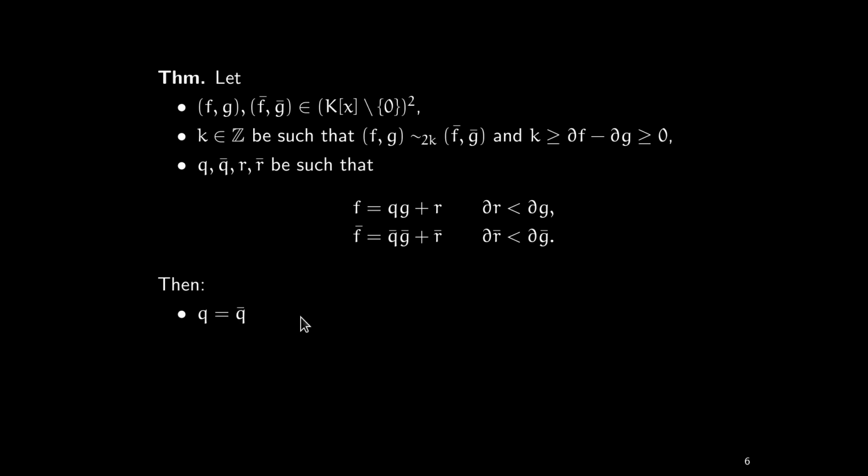The conclusion is that if this is so, then the two quotients agree. This is something that we will find useful later, because it means that if I want the quotient for this pair, I can obtain it by instead computing the quotients of this pair, which is obtained from this one by chopping off everything that is unnecessary.